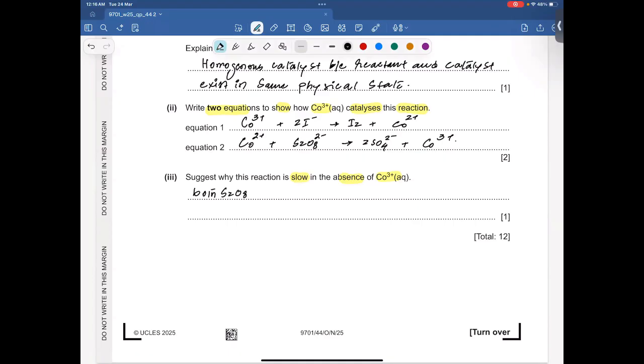Both S2O8 2 negative and iodide ions experience repulsion due to similar charges.